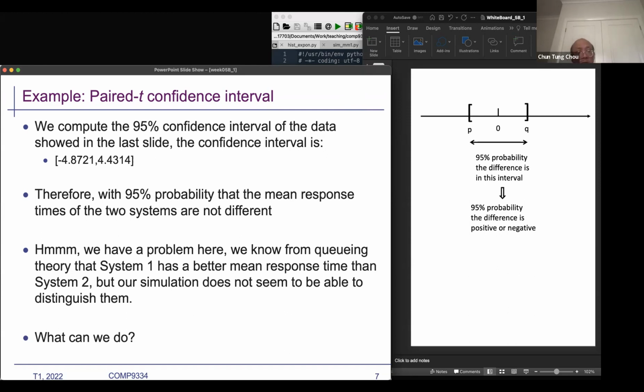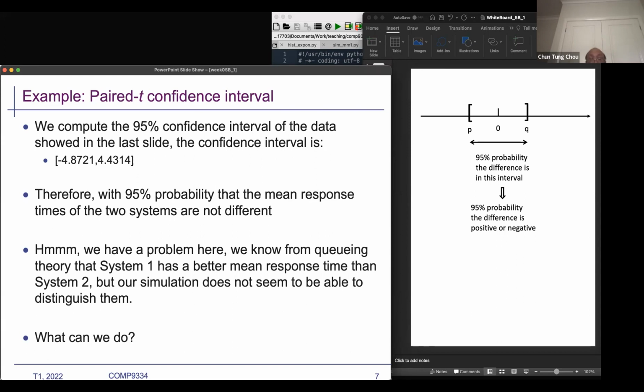Now, there's another interesting suggestion on the chat, and that is to decrease the confidence interval. Yes, you can do that. But if you decrease the confidence level from 95% to 90% or 80%, yes, you can, but then we are giving up the probability of telling something with more certainty. If you can say something with 95% probability, that is good, but don't you want to try to say something with 99% probability or even higher?